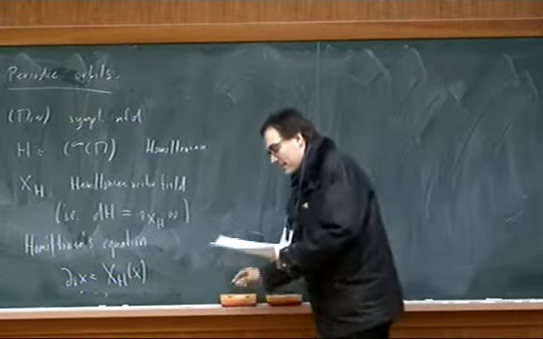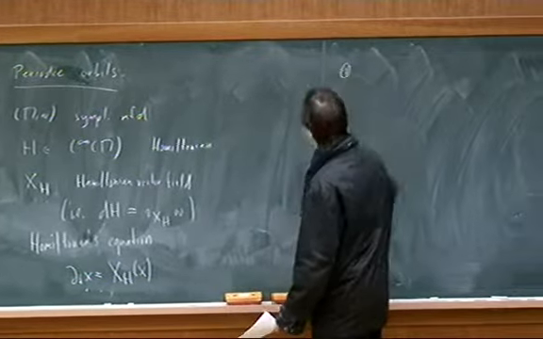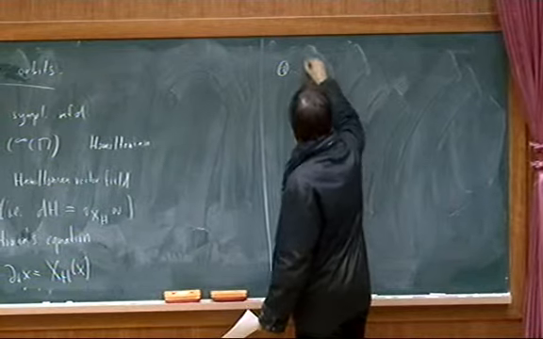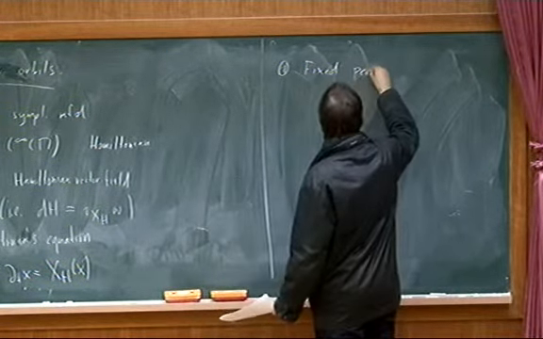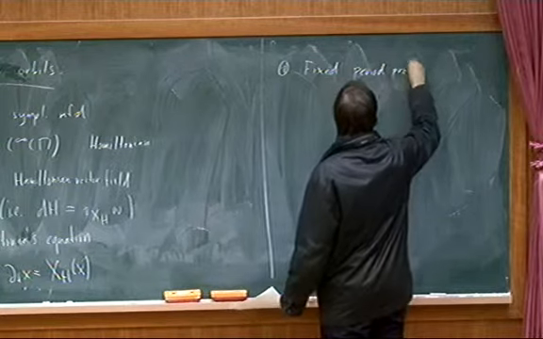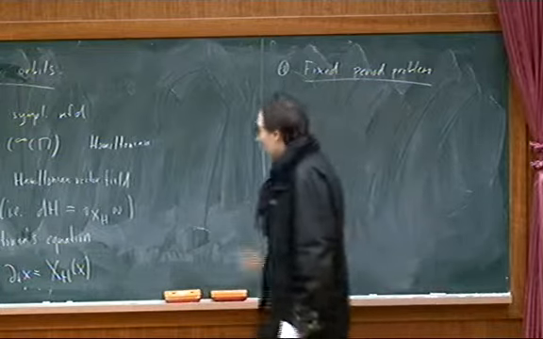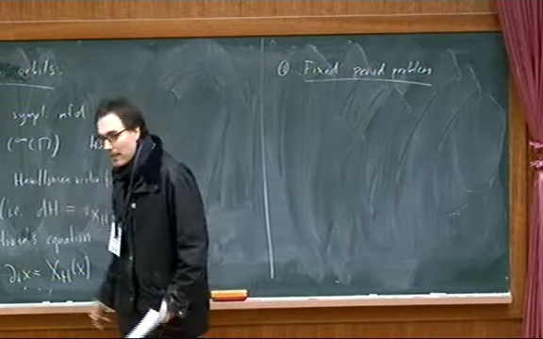And there are two ways to put this additional constraint. The first is the fixed period problem. In this problem, H might actually depend on time additionally.